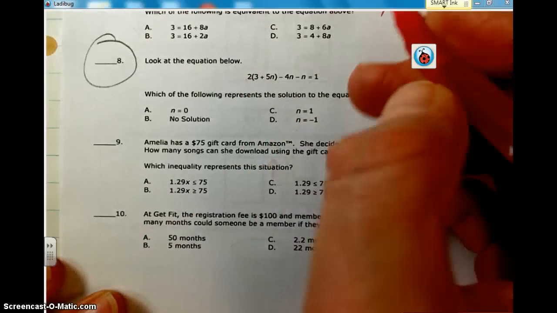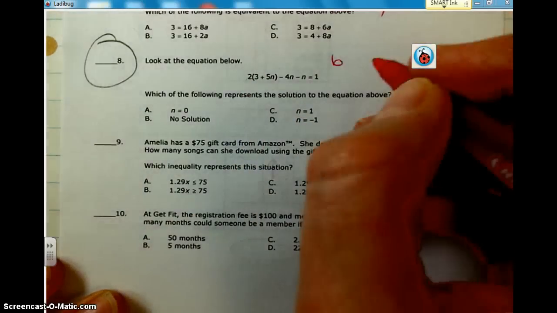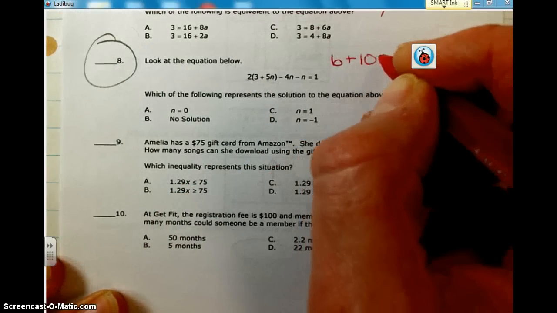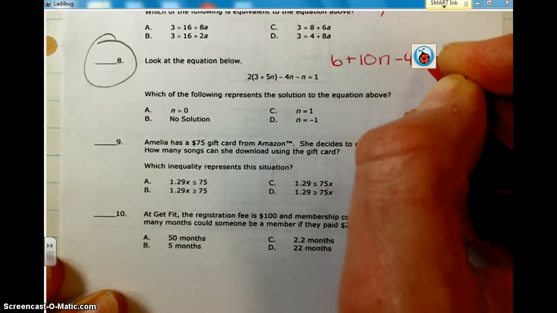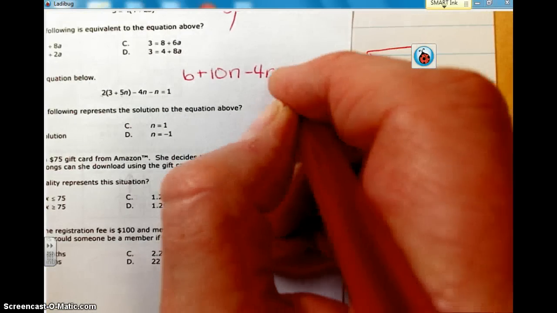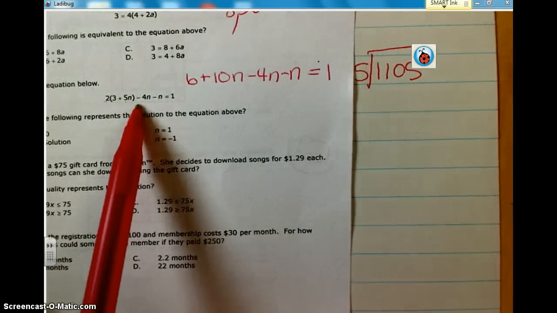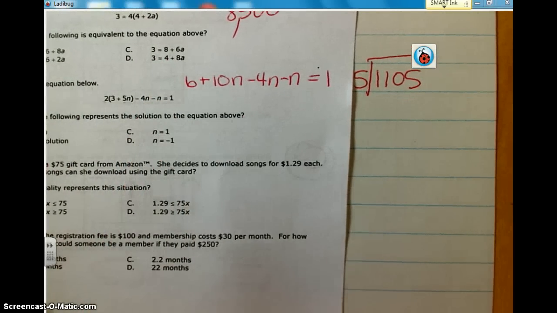So 2 groups of 3 is 6. And 2 groups of 5n is 10n, minus 4n minus n equals 1. The negative 4n and the minus n, nothing happens to that yet.